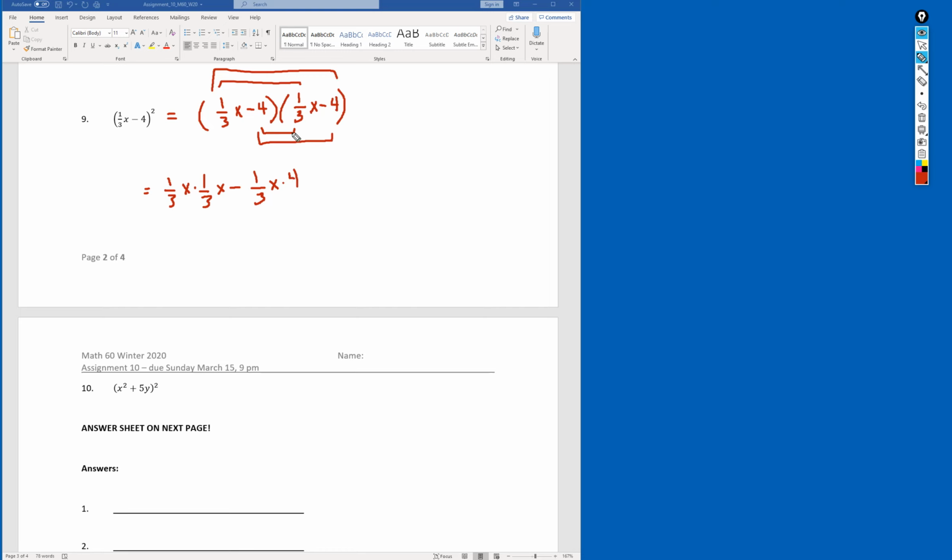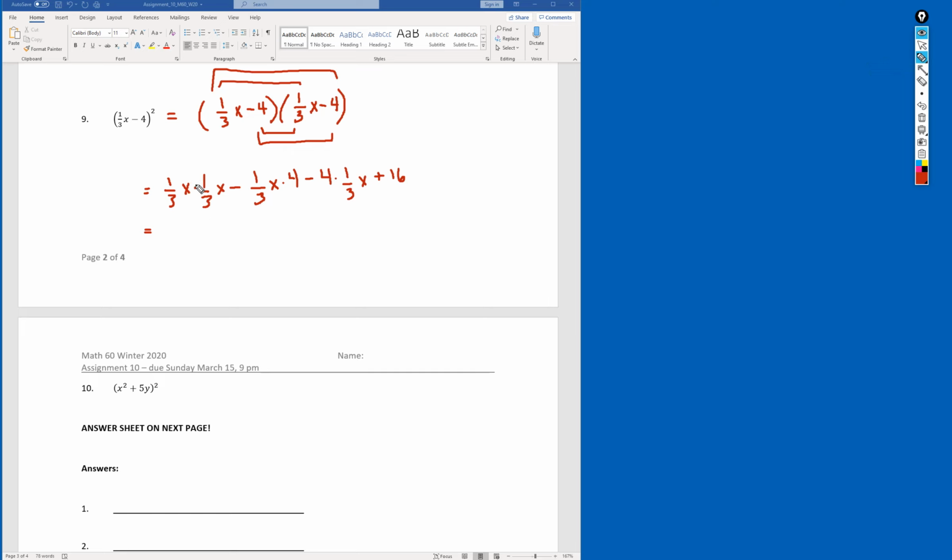Inner is also going to be negative because it's minus 4 times 1/3 x. And then last, it's minus 4 times minus 4, so it's going to turn into plus 16. All right, so back to here.